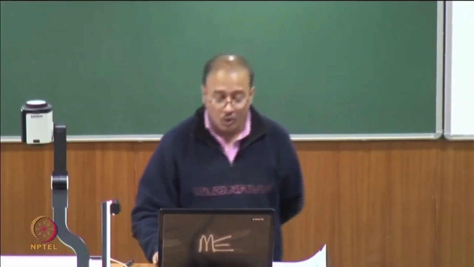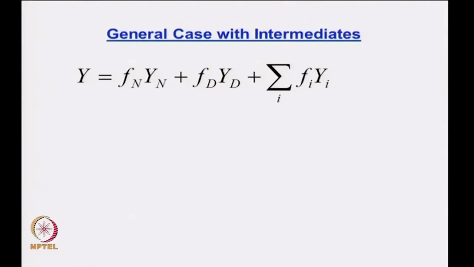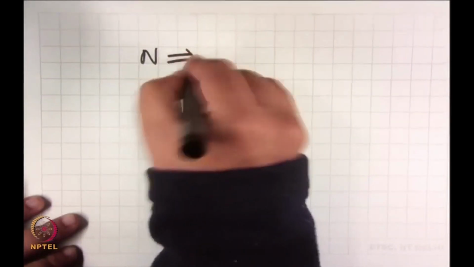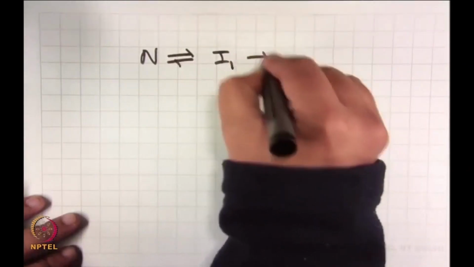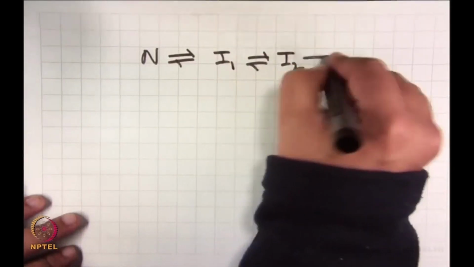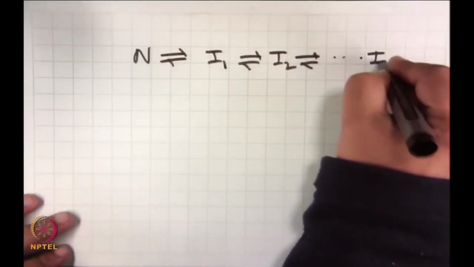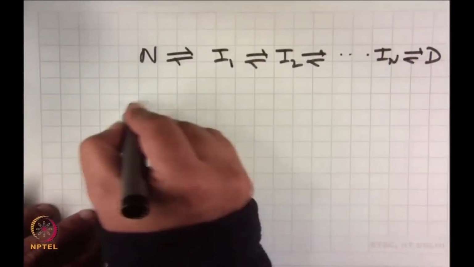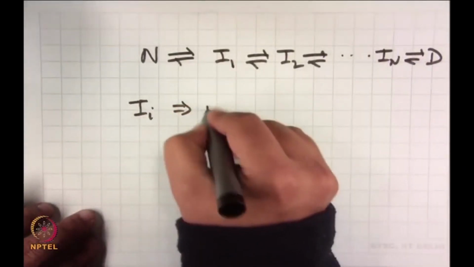Okay. Now, this is where we considered only two states, N and D. What happens if we have more than two states? What I am talking about now is, we have looked at a two state scenario. Now, suppose I have a scenario where I can have N in equilibrium with an intermediate I1, in equilibrium with an intermediate I2, and so on, and finally I have In in equilibrium with D. So, all these I's are referred to as my intermediates.